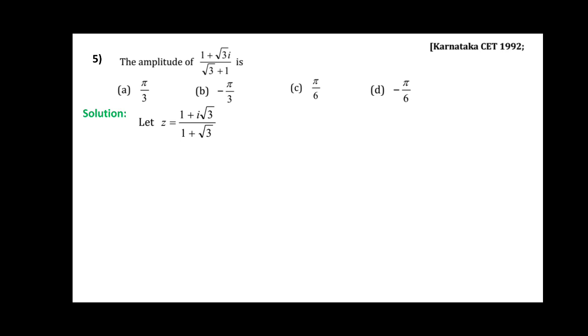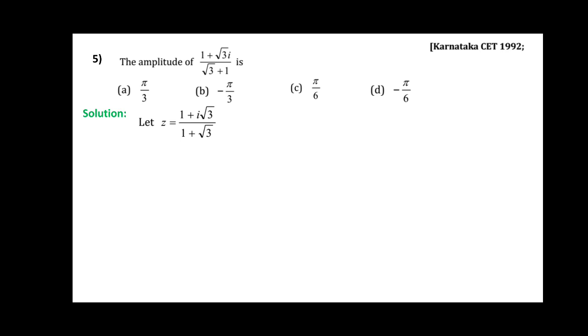Dear students, here we already have the complex number form in the numerator. Therefore we can take it as 1 divided by 1 plus root 3, plus i into root 3 by 1 plus root 3. We can just imagine it in the form of a plus ib.